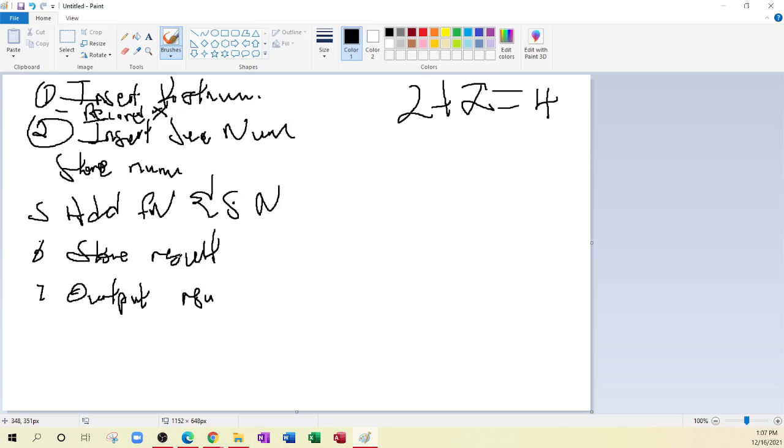And you can add more precise steps if it's needed, but that is a simple algorithm if you're going to create a series of steps to add two numbers together.